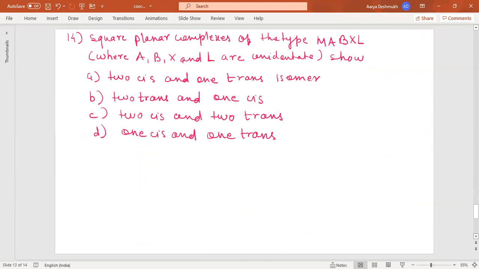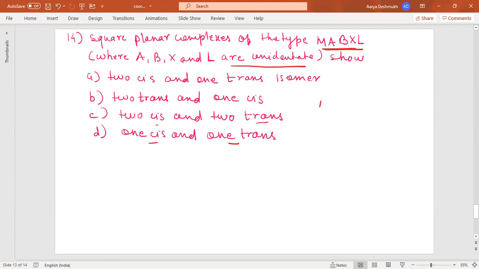Then the next question. Square planar complexes of the type this. All these are unidentate ligands. They show 2 cis and 1 trans, 2 trans and 1 cis, 2 cis and 2 trans, or 1 cis and 1 trans. So just find out first the possible combinations for this.